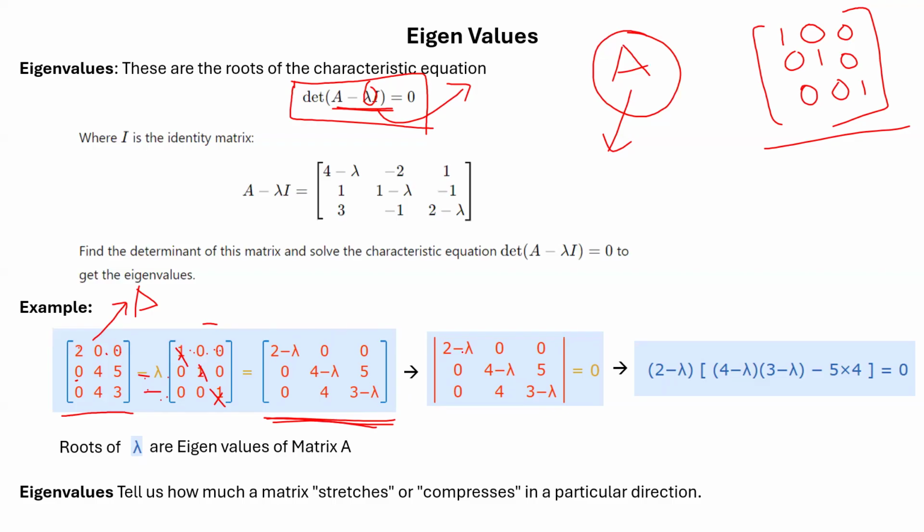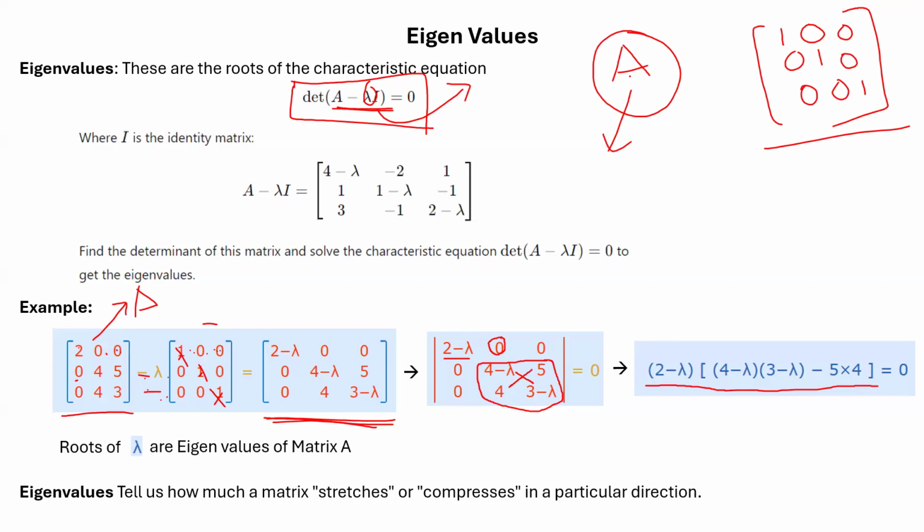How do we find the determinant of the matrix? The formula is just this: this value times the determinant of the remaining 2 by 2, which is just AD minus BC. The rest are zeros, so you don't bother about them. When you solve for the roots of lambda, those lambda values give you the eigenvalues of this matrix.